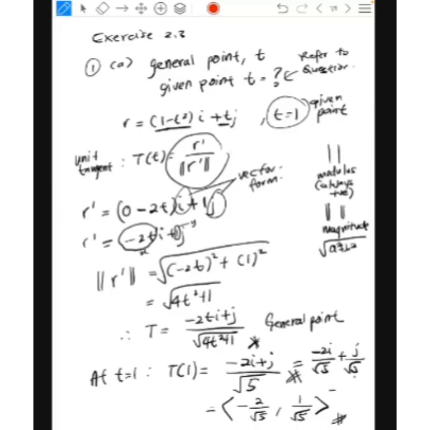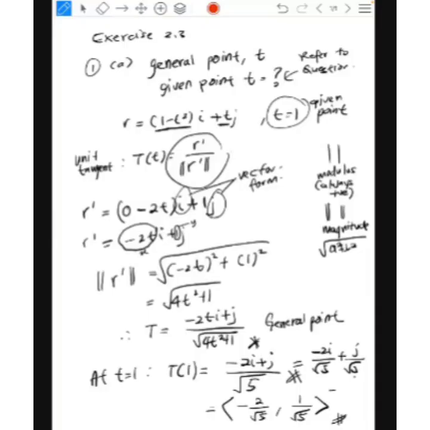Okay, let's go into question number 2. Now we are going to find the unit tangent, which is T, and then the unit normal, which is N. I can write r in terms of 3 cos t i plus 4 sin t j.